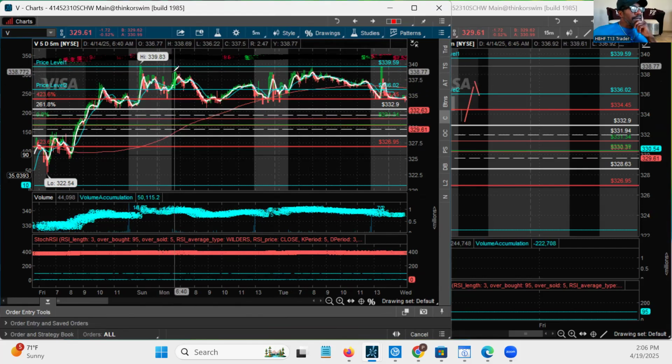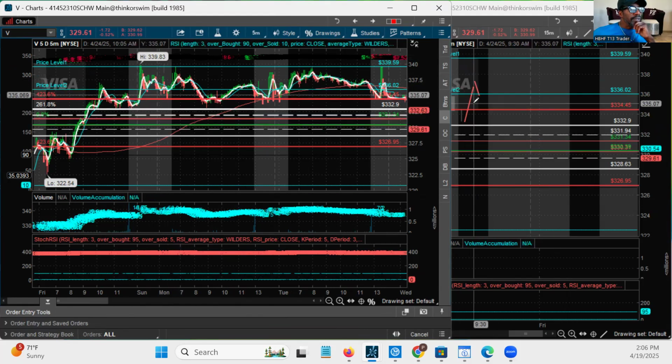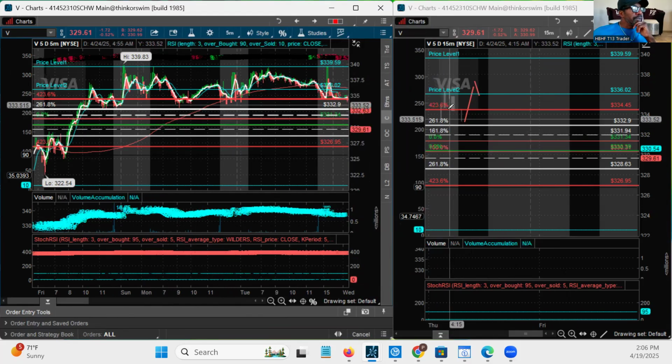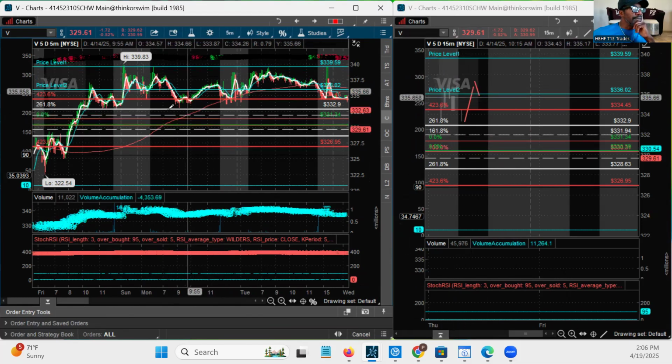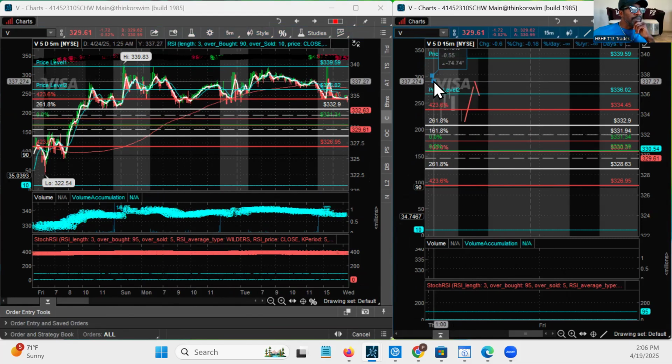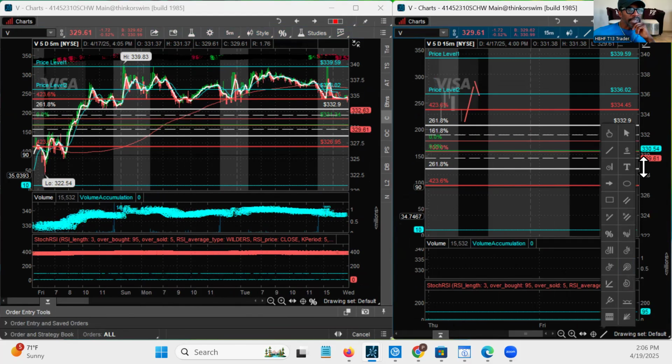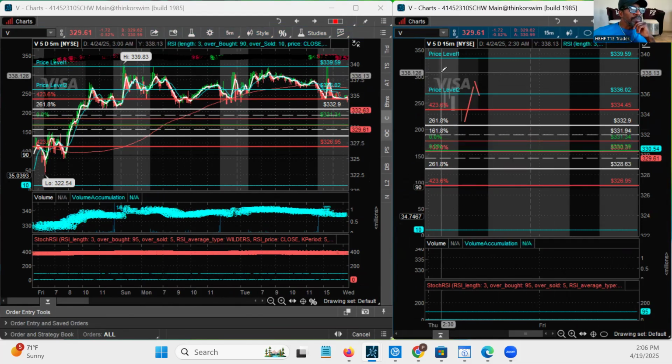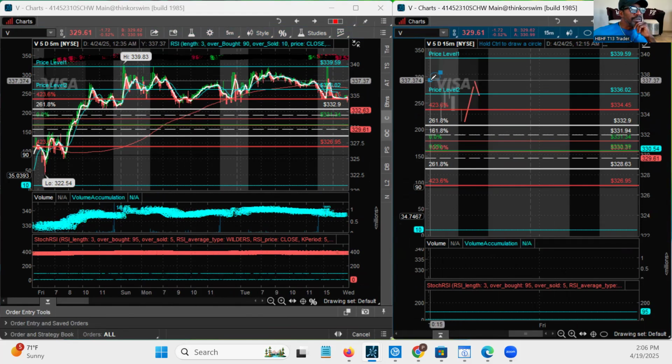So it opens up, and you're waiting to see if it breaks that. We're trying to see if it's going to break above this 339.11. This is you and I waiting to see what this market is going to do.